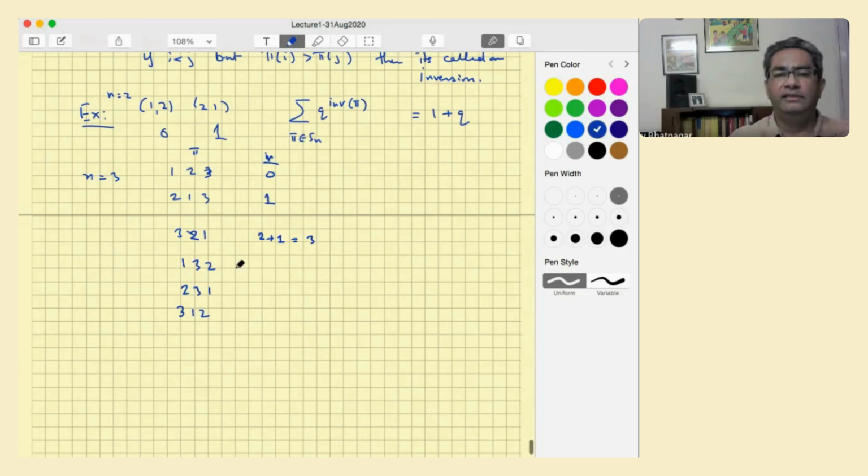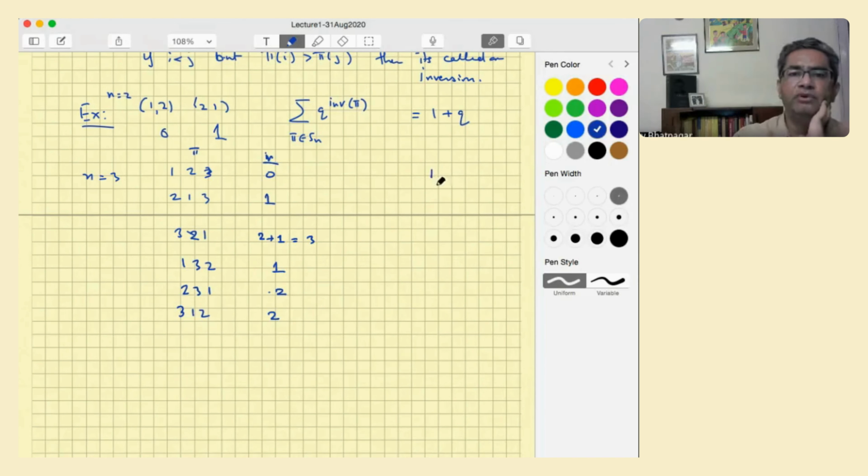Here 0 plus 1. Here 1 plus 1. Here 1 is smaller than 2 and 3, so for 3, that's 2. And here for 3 there are two numbers which are smaller. This is fine. So what is this generating function?